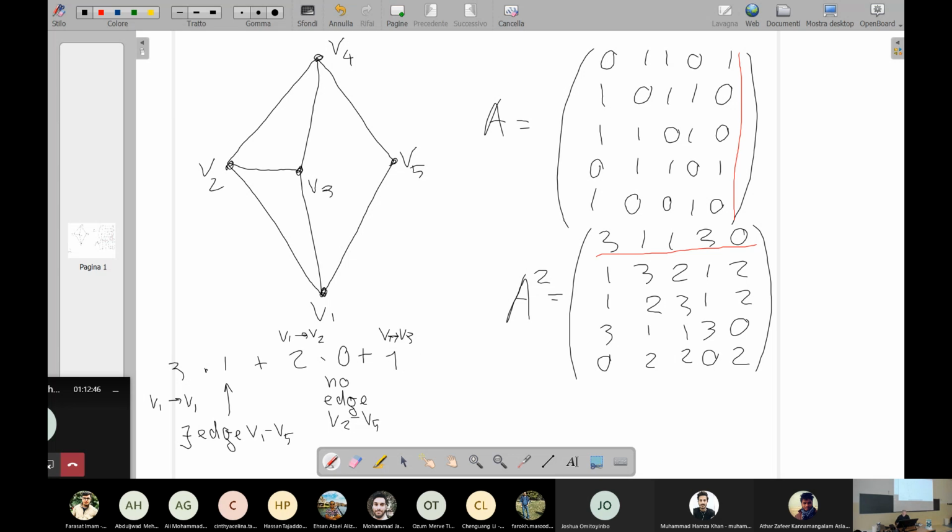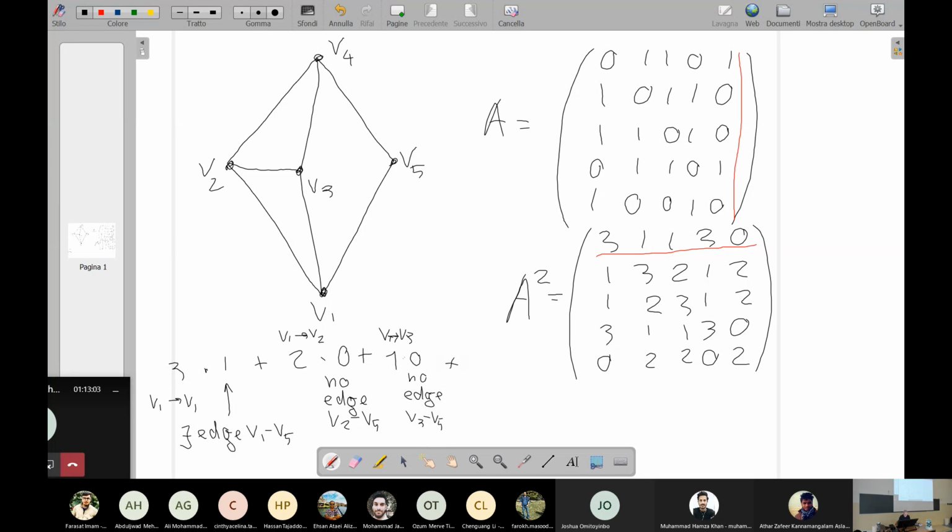But times this 0 here, because again we have no edge between V3 and V5.